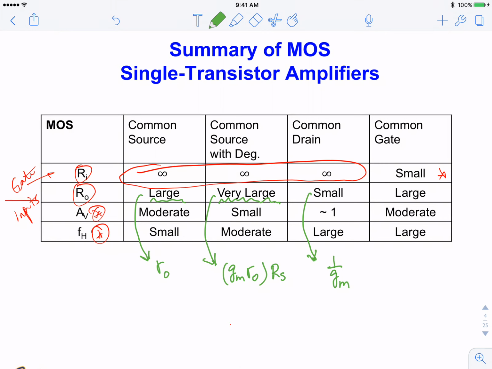And gain for moderate, we meant it's like a GM R0.